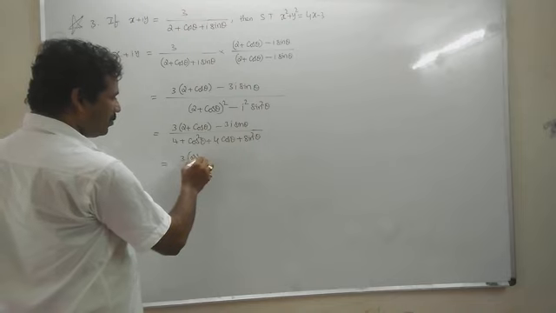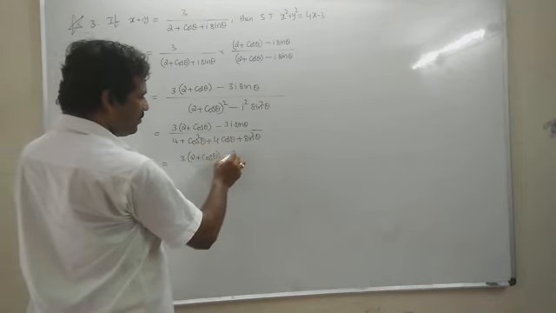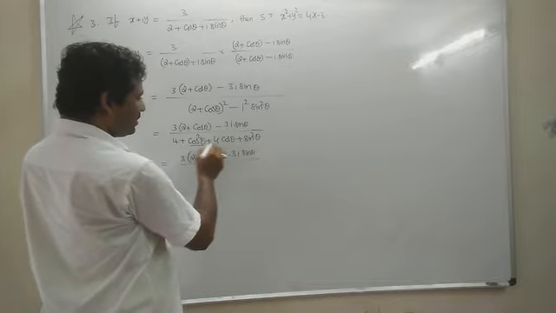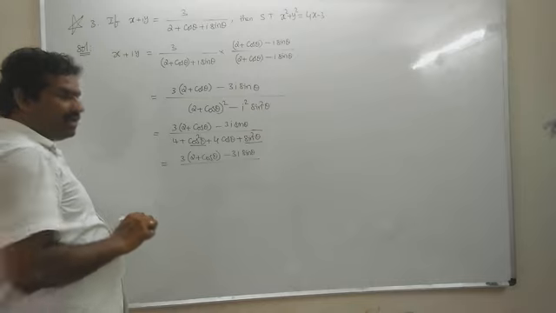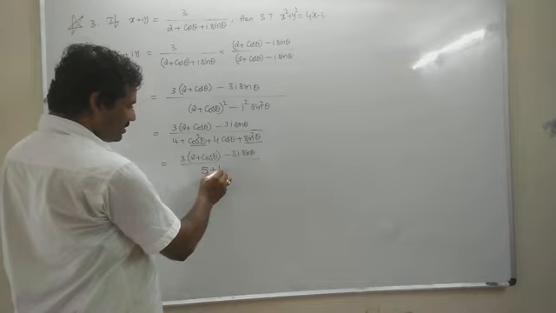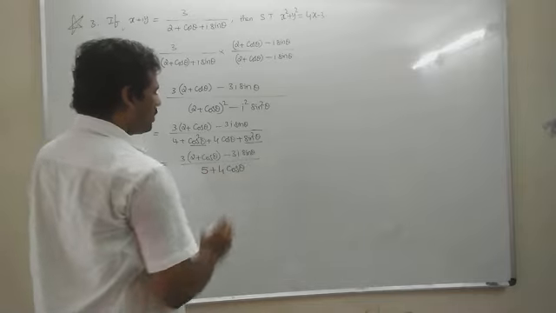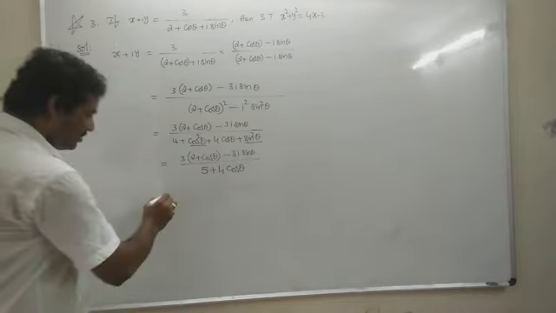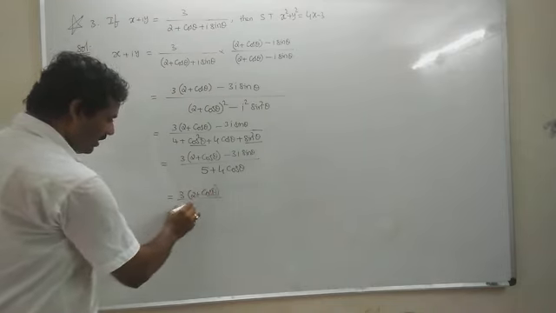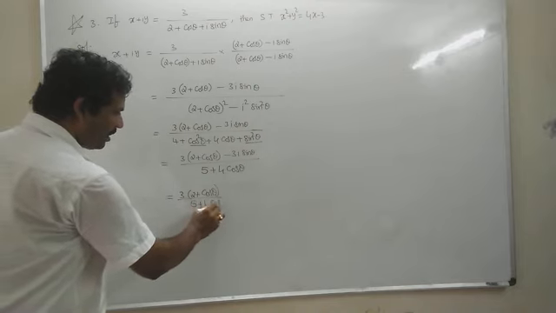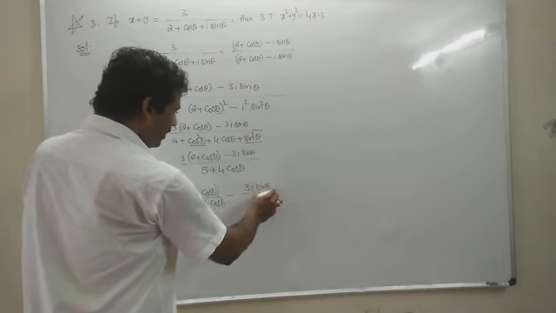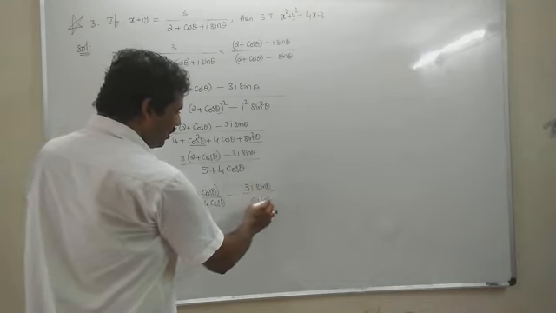That is equal to 3 into 2 plus cos theta minus 3i sin theta by cos square theta plus sin square theta, which is 1, plus 4, that is 5 plus 4 cos theta. That is equal to 3 into 2 plus cos theta by 5 plus 4 cos theta minus 3i sin theta by 5 plus 4 cos theta.